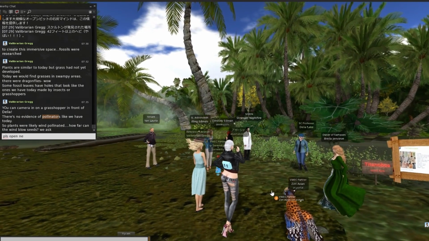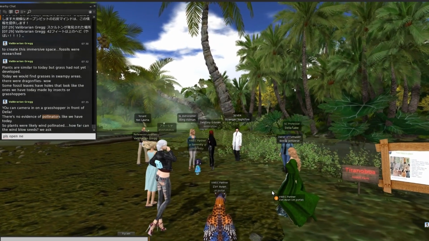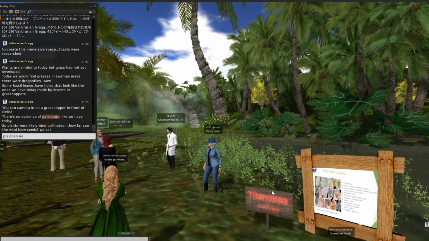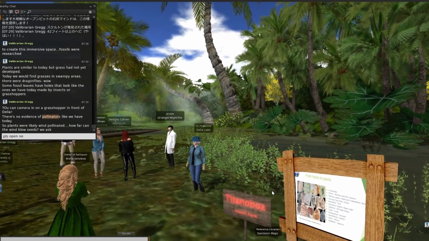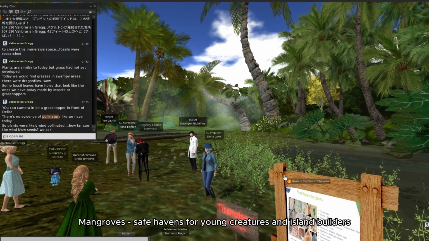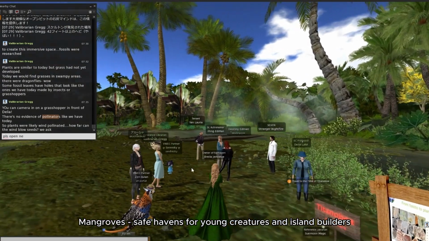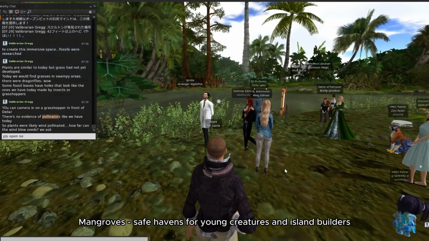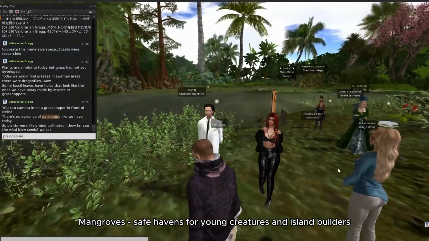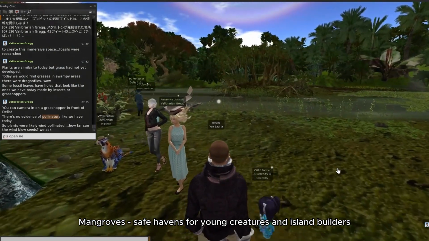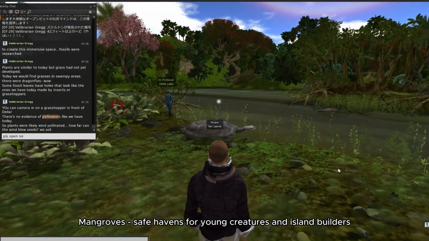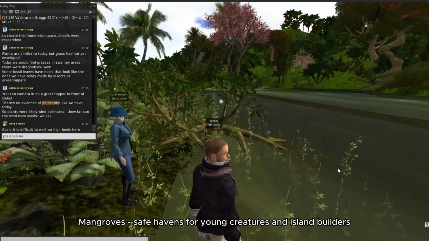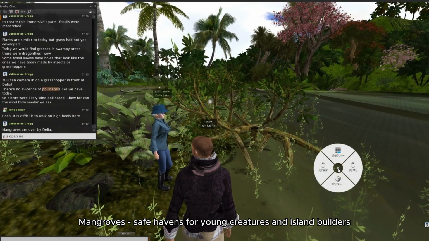In addition to that, you'll see some plants that we have today that have very dense root systems. You'll see the mangroves. Mangroves are over here. I'm standing next to a mangrove, and the smaller island with the crocodile is mangroves.